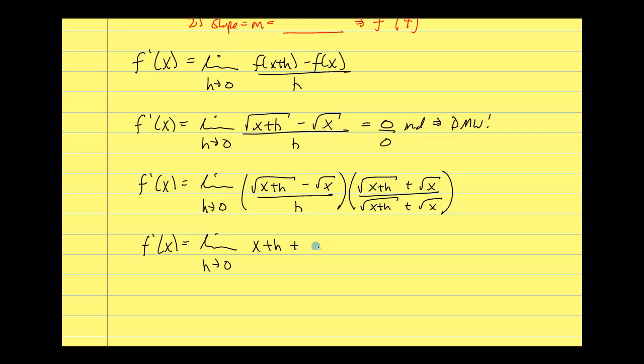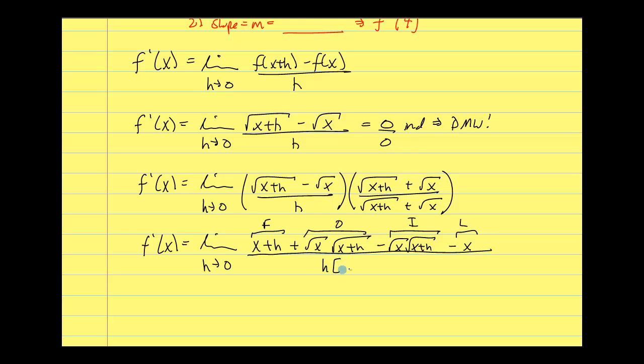I guess we could show that. So here's my outsides. Here's my insides. Here's my firsts. Outsides, insides, and then we have my lasts. I have a negative times a positive, which is a negative, root x times root x, which is x, and this is my lasts. And this is all over h times the quantity, because the h has to distribute, so you need to have a bracket up there.